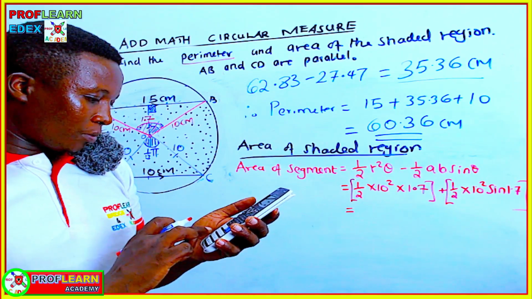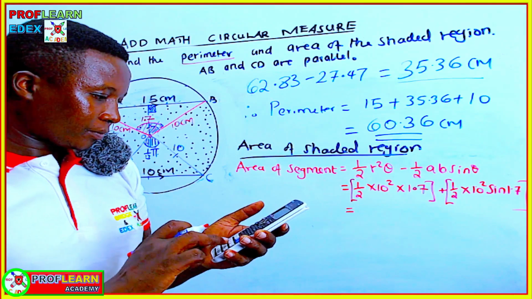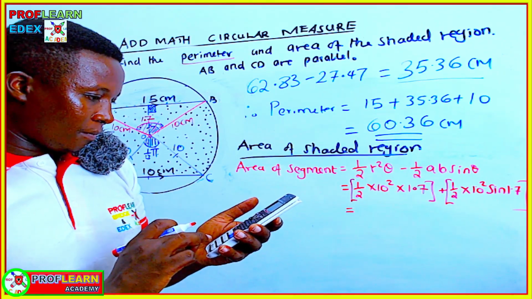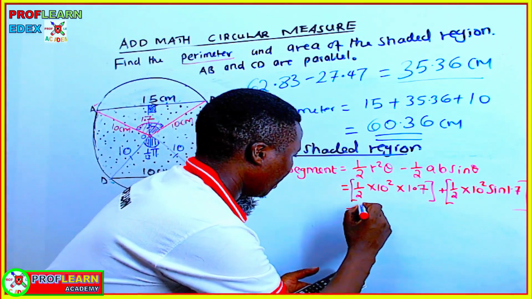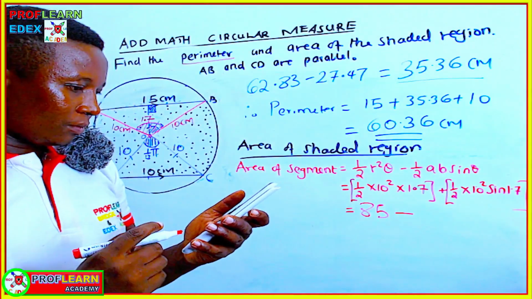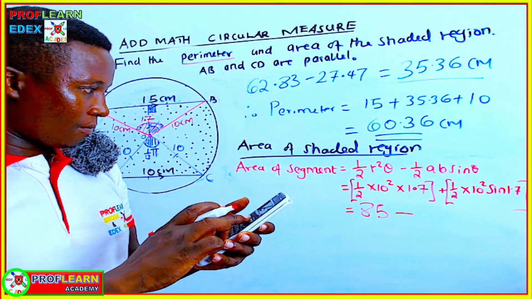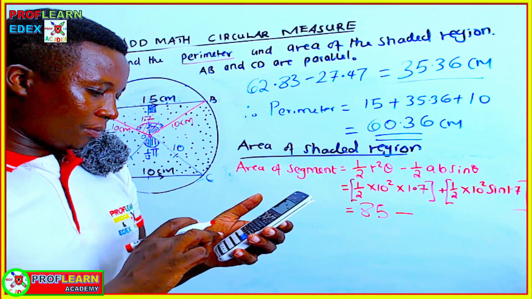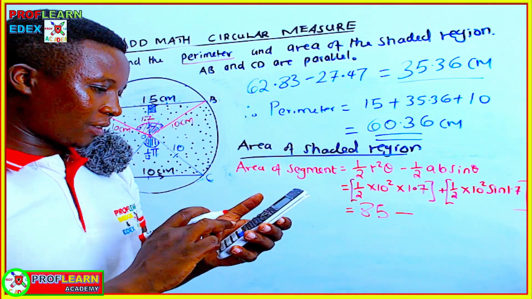This is going to be 1 over 2 times 10 squared times 1.7, which is 85, minus a half times 10 squared times sine of 1.7.